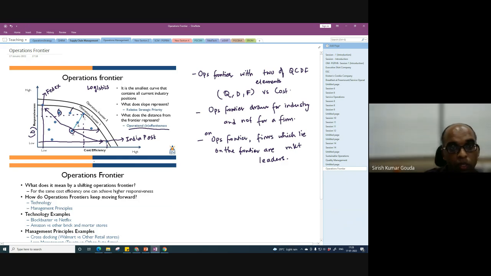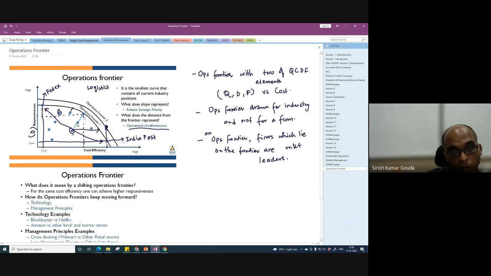Now, the speed of India Post's Speed Post has definitely increased. So what does it mean? It means that at the same cost efficiency, India Post moved from this location to, let's say, this location. The cost efficiency remained the same while the responsiveness of the firm has increased.